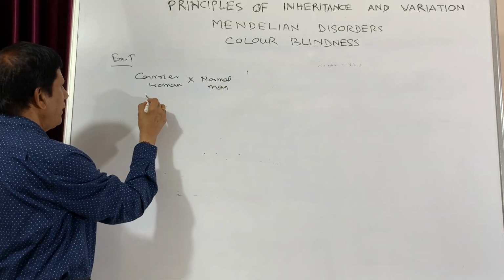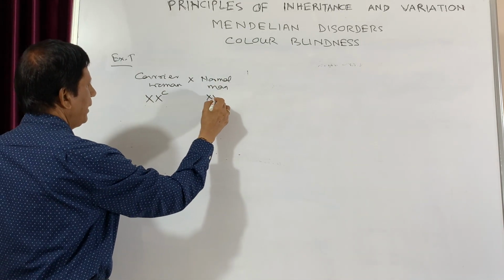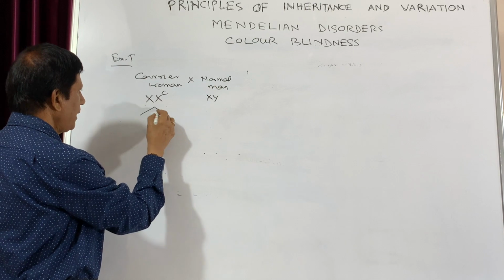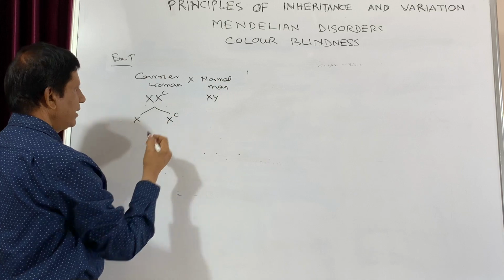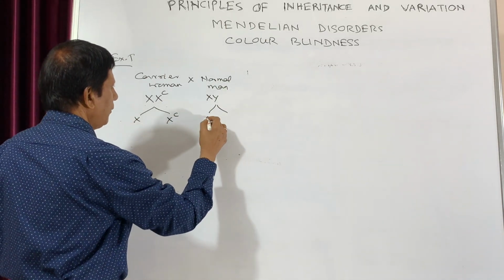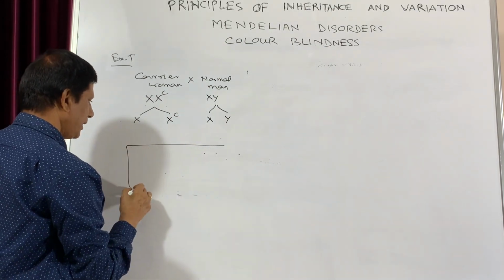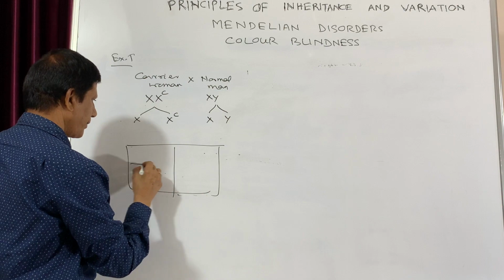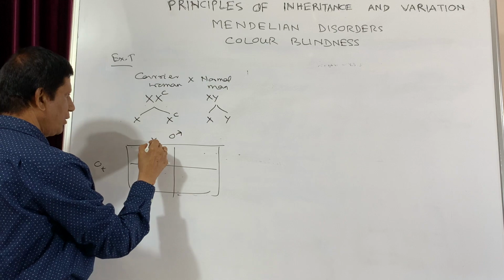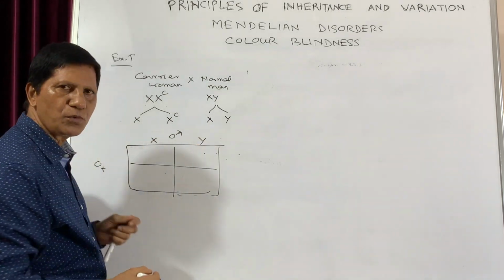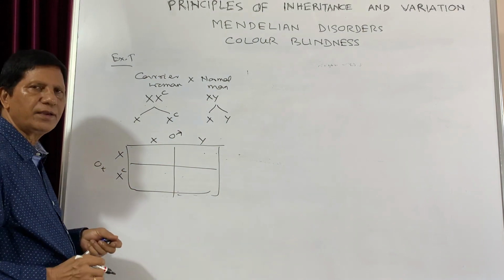A carrier woman means she will be X XC, while a normal man will be X and Y. That means two types of gametes will be produced from the female, one X and the other XC, and from the male, one X and one Y. Now if you draw the checkerboard for the F2 generation, with the female side and the male side, on one side there is sperm X and Y, and on the female side one X and the other with that recessive gene.